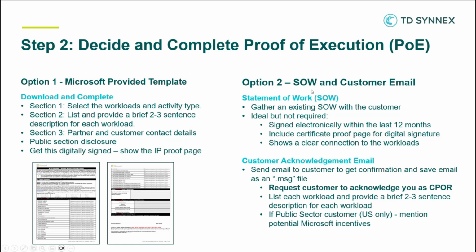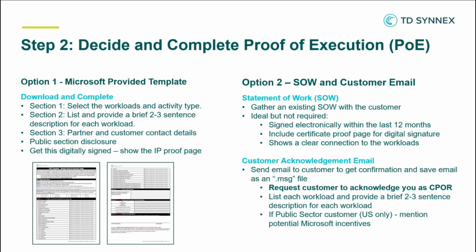Now, if you go with option 2, you're going to get an existing SOW that you have with your customer. If your SOW has all of these things, that is great, but I'm going to assume that it doesn't. So you're just going to get an existing SOW.